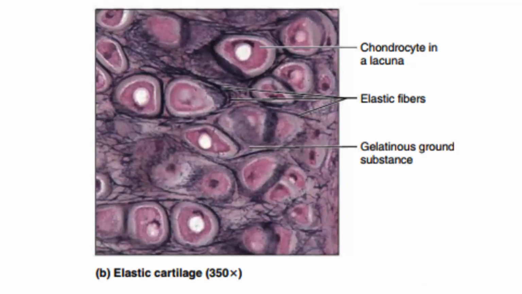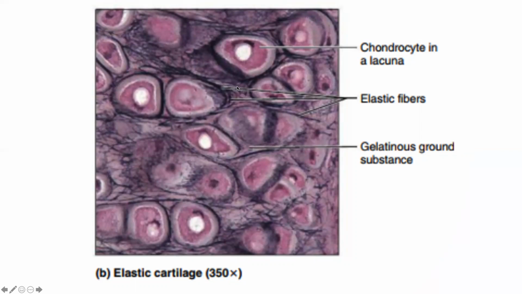So now you have seen the different types of cartilages, and let's go a little bit more into detail. This is the elastic cartilage, which is present in the ear and epiglottis. You can see the cell, which is the chondrocyte. Chondrocytes stay in pockets called lacunae. And you can see the elastic fibers running in between the cells.